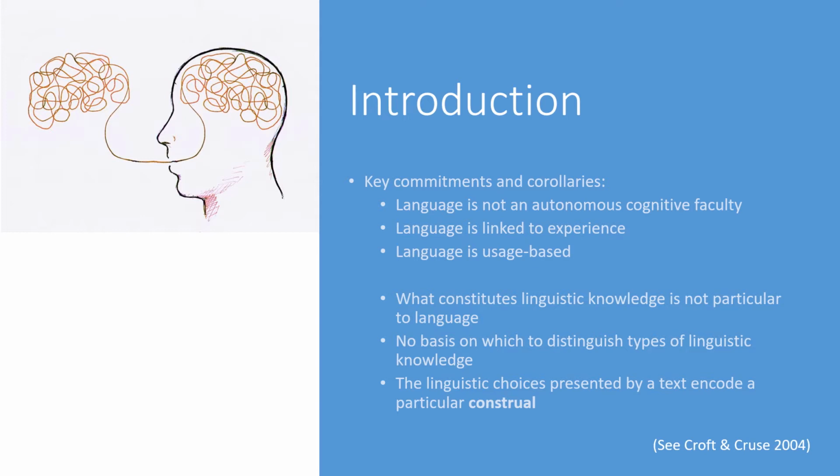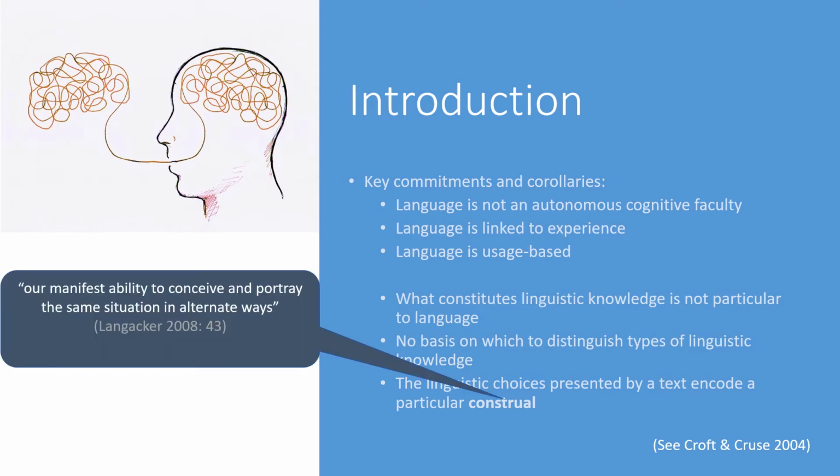So at this point, you might be asking, what does all this have to do with discourse analysis? Well, a third and crucial upshot for purposes of CDA is that the linguistic choices presented by a text encode a particular construal of the target scene. Langacker defines construal as our manifest ability to conceive and portray the same situation in alternative ways.